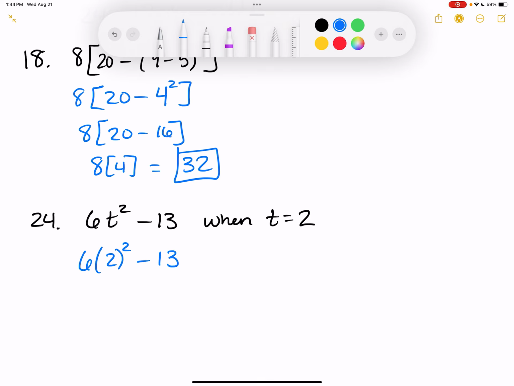The parentheses, so the power, which gives me 4. So 6 times 4 minus 13. What's next? Times. 6 times 4, multiply, which is 24. 24 minus 13 is 11.